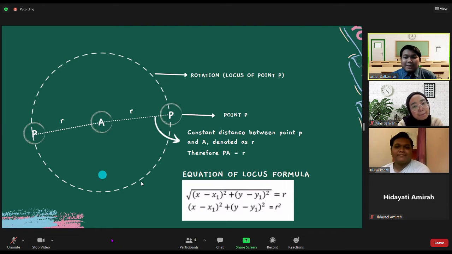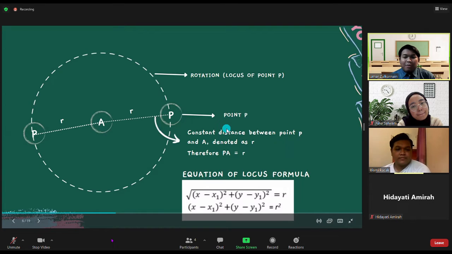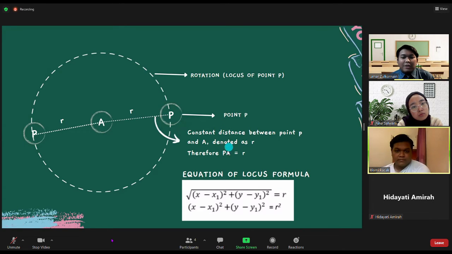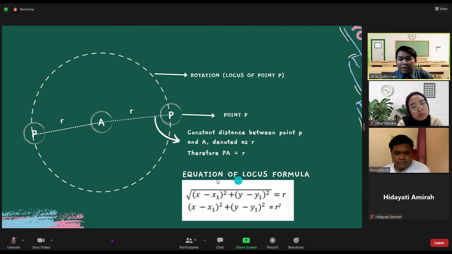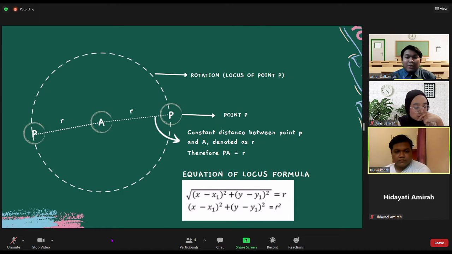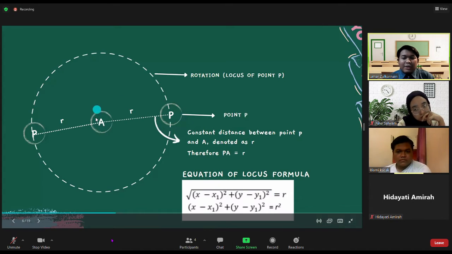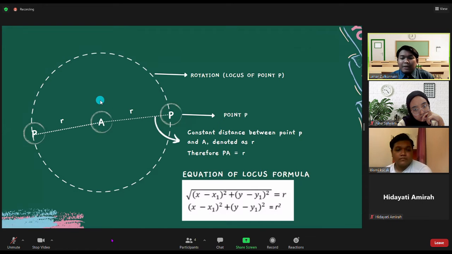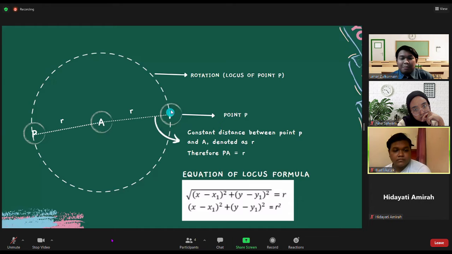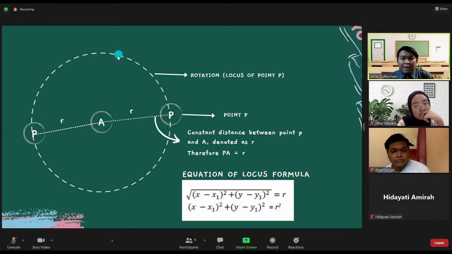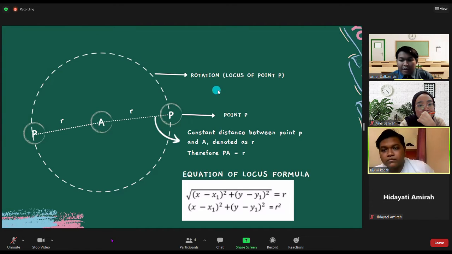Since the constant distance between point P and A is denoted by R, we can assume that PA equals R. PA is given by the formula square root of (x minus x1) to the power of 2 plus (y minus y1) to the power of 2 equals R. Here x1 and y1 are the coordinates of point A, while x and y are the coordinates of point P. So at any point P, it is denoted by x and y, and point A is denoted by x1 and y1.